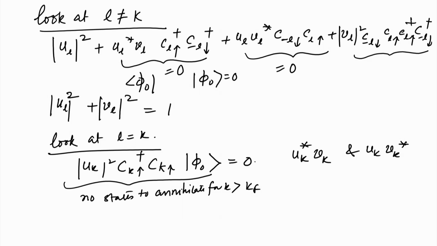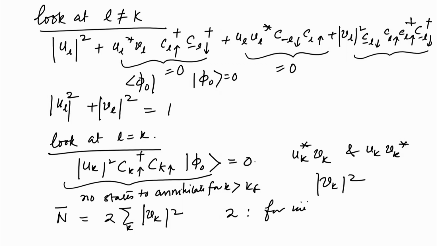So, the only term that contributes is the term with |v_k|². So, this n average is equal to 2 Σ_k |v_k|². So, that is the result. The 2 comes because of the pair, and |v_k|² is the probability of occupied states.